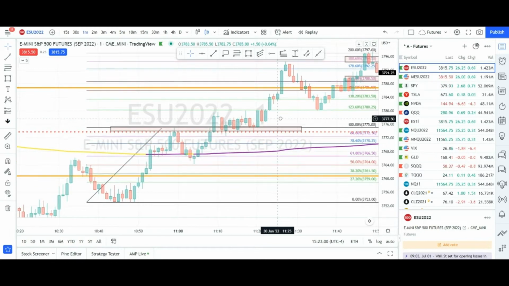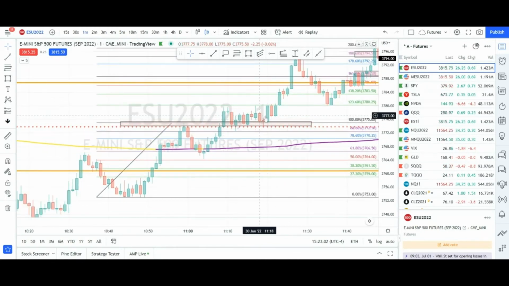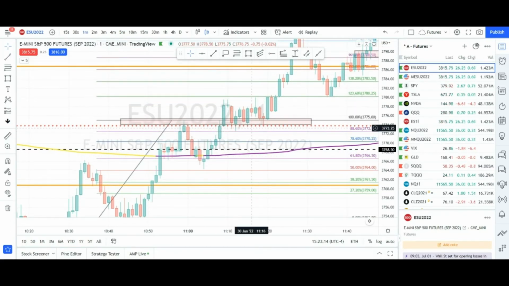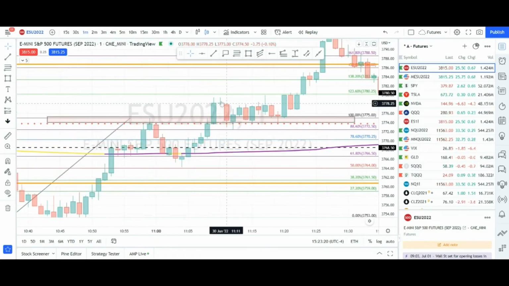Suppose the price is consolidating here. Suppose the price is going back again, you can go from above this VWAP line. You can take a small profit, 2, 3, 4 points. Suppose you are thinking the price can come back again, if you see this small dodgy candle in the middle of these red, green and red candles, you can get out here.